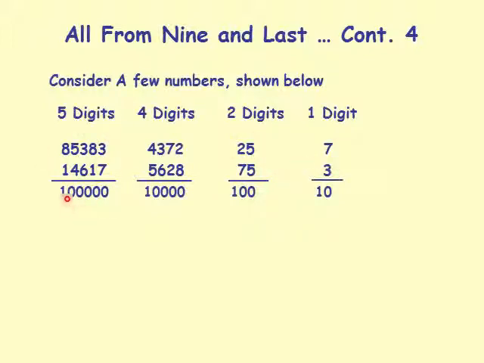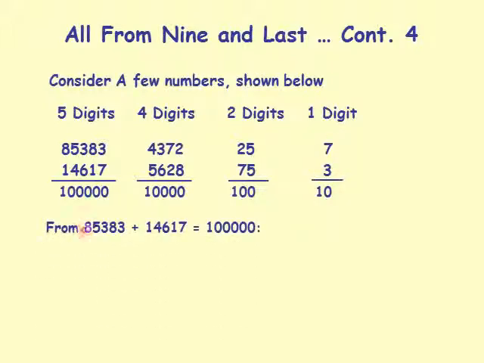Then we added the numbers in this column, first number and second number, to get 1 followed by zeros. The second column gives 10,000. Then we added 25 plus 75, which is 100, and in the last column, 7 plus 3 is 10.